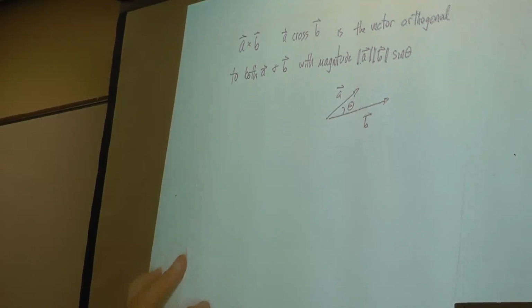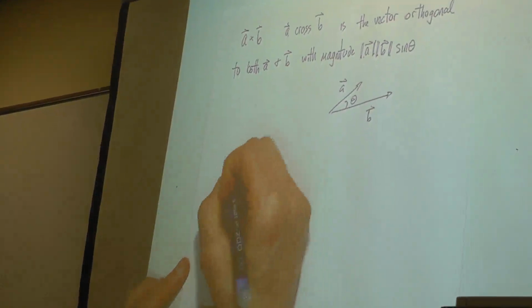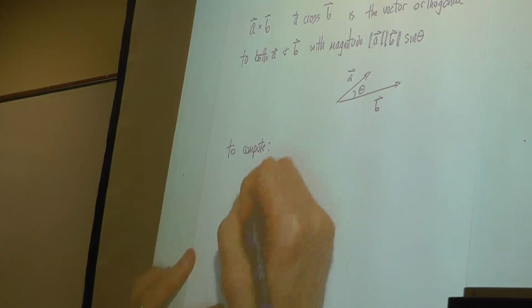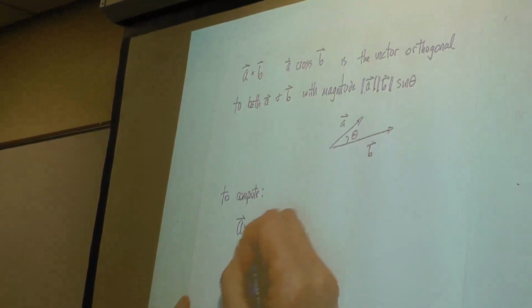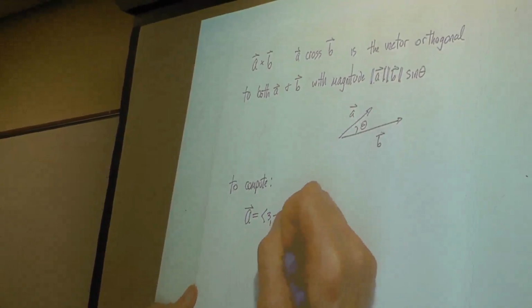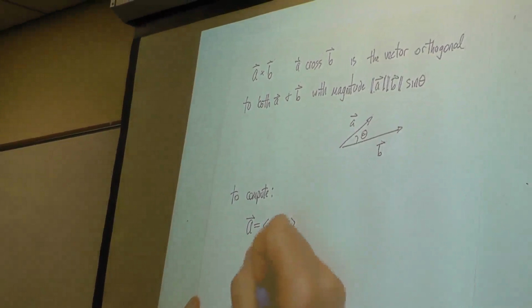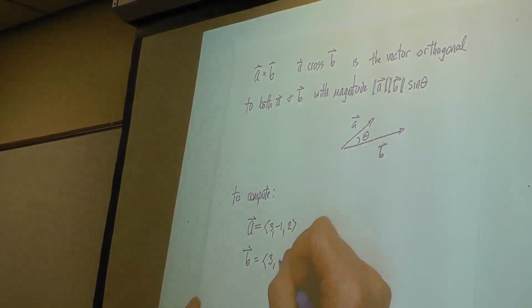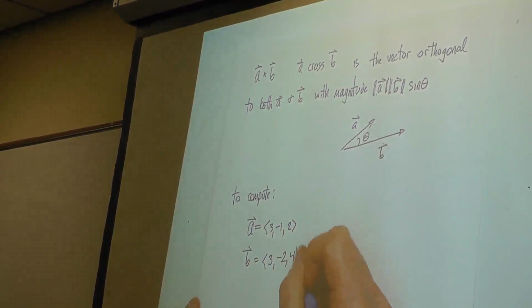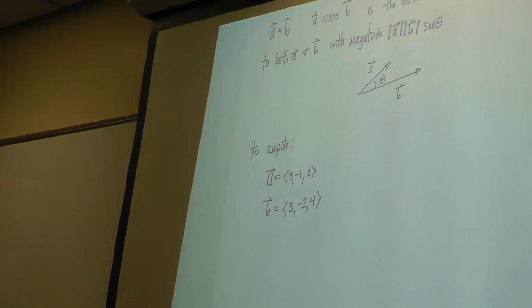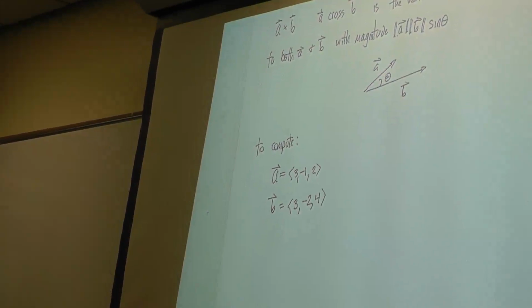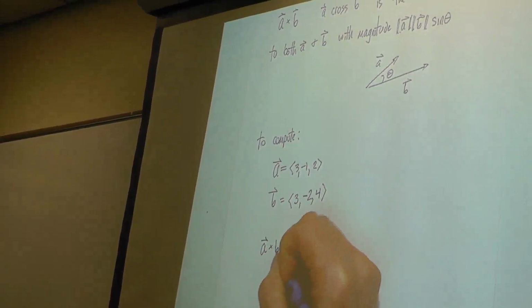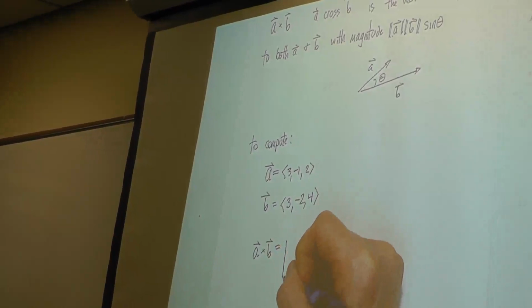How to compute this guy? So here are two vectors. If I want to compute their cross product, A cross B, this is what I do.